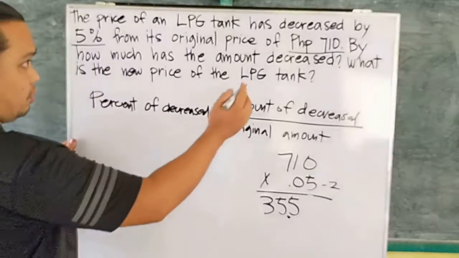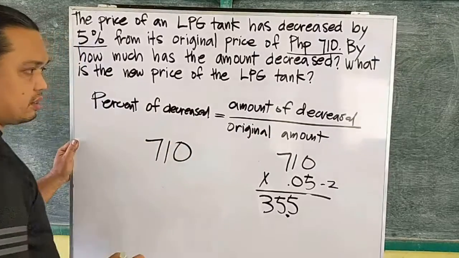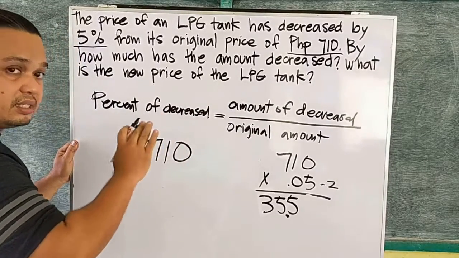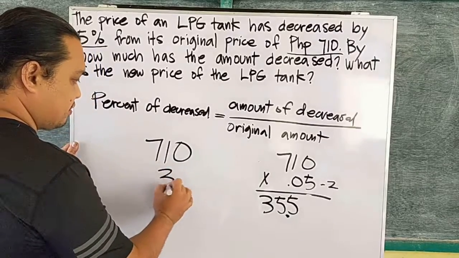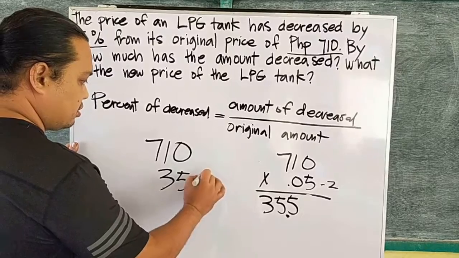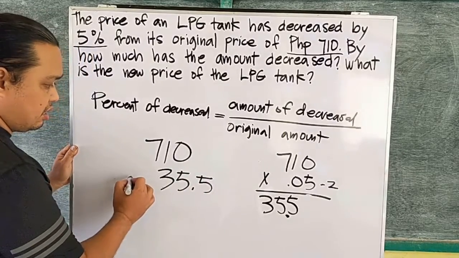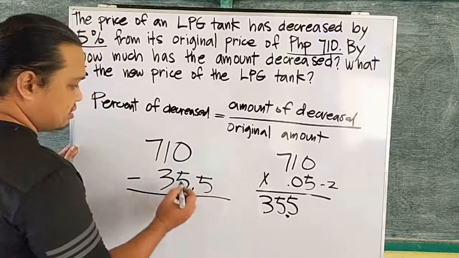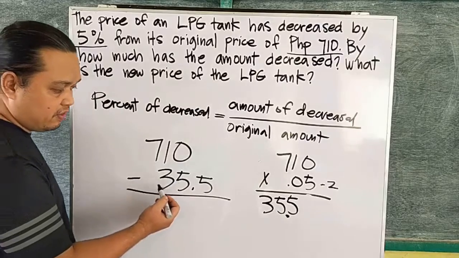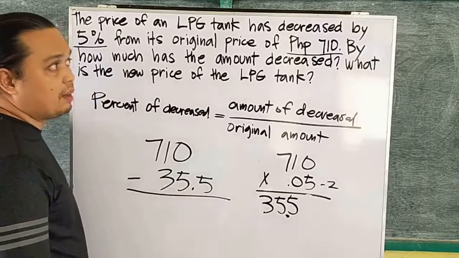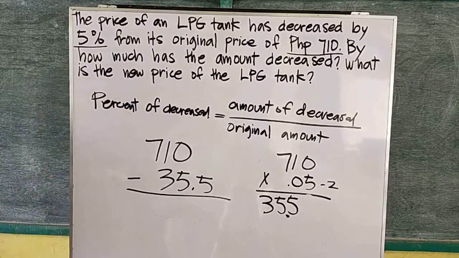So the original price is 710, and it decreases by 35.5. For us to get the new price, let's just subtract 710, the original price, by 35.5, which is the amount of decrease, because there is a 5% discount.